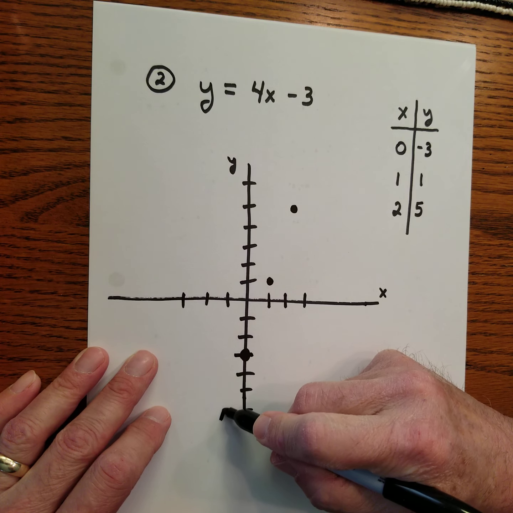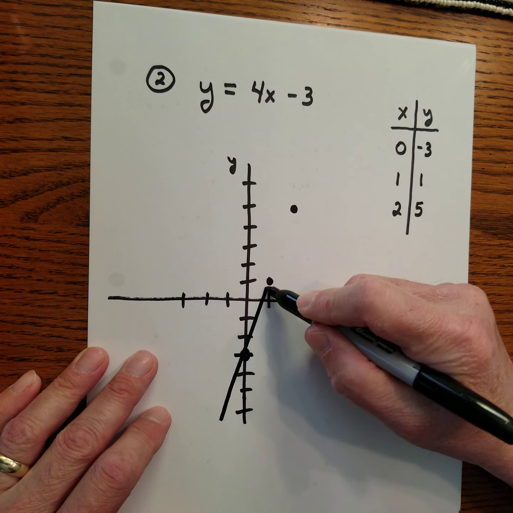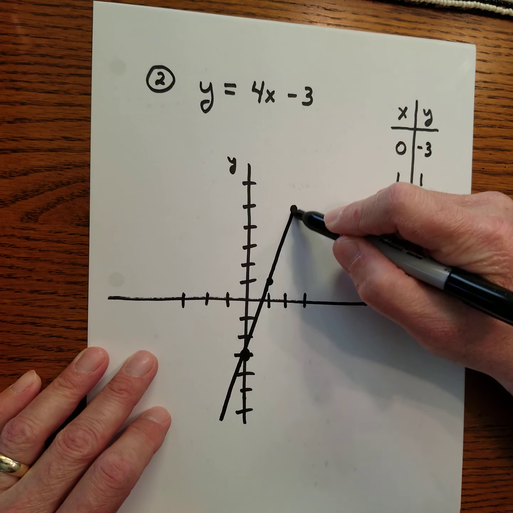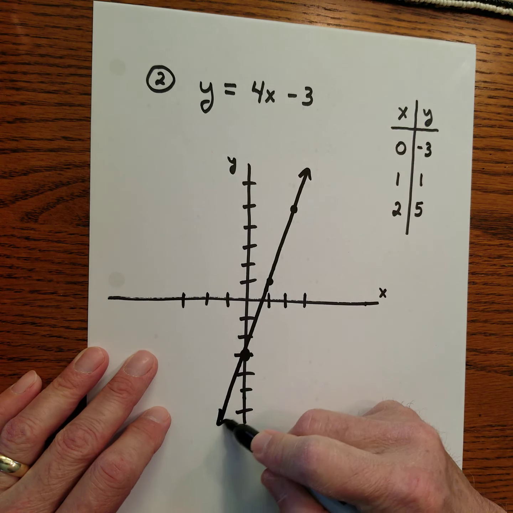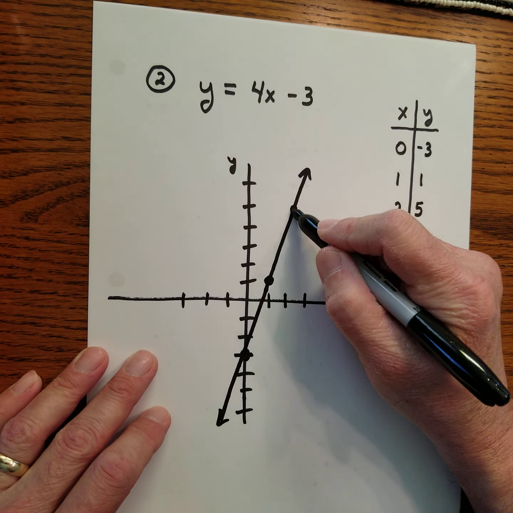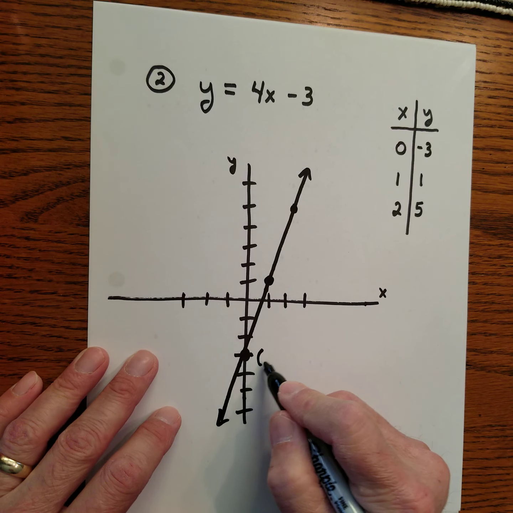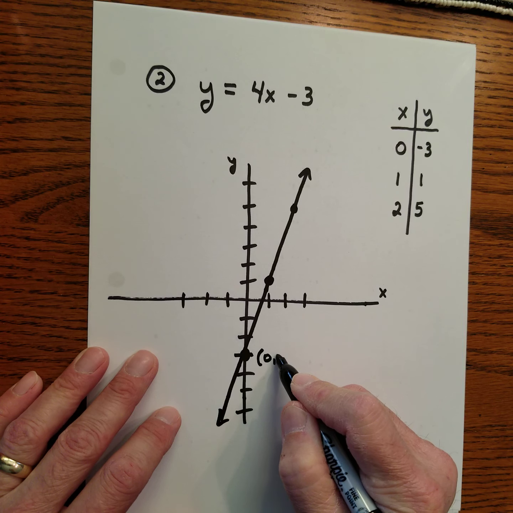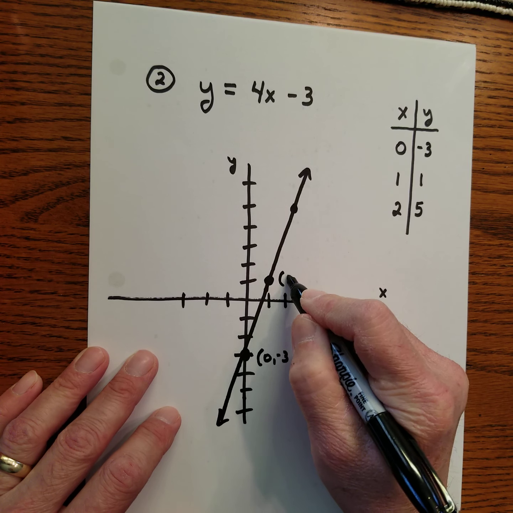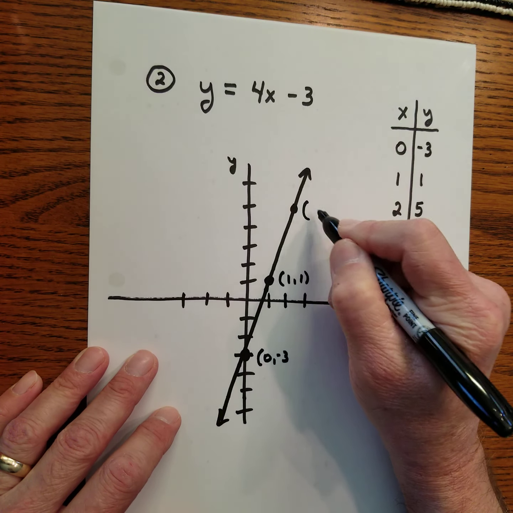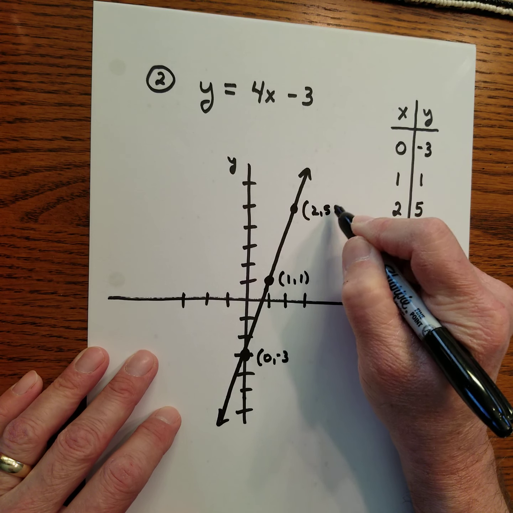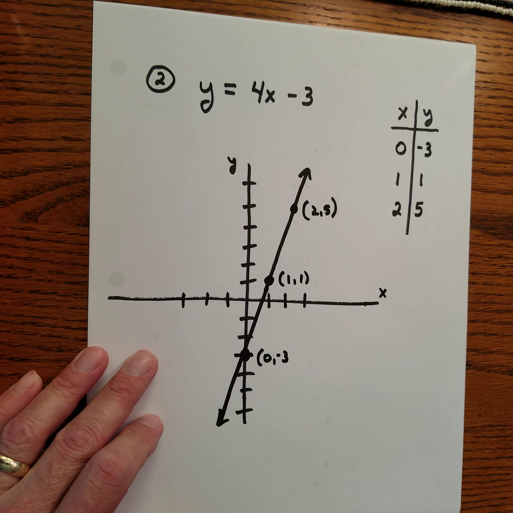Connect those with a nice straight line. And label. This was x0, y negative 3. This was x1, y1. This was x2 and y5. Beautiful.